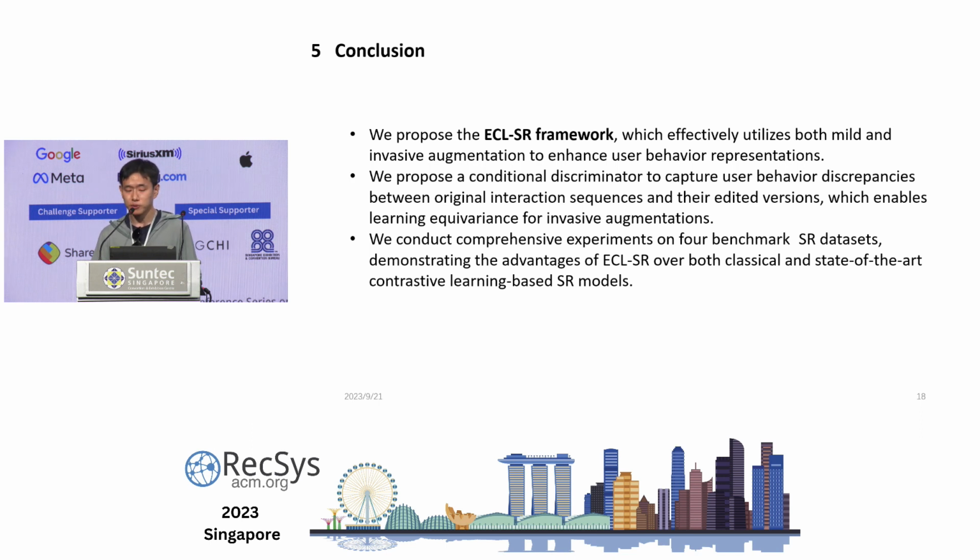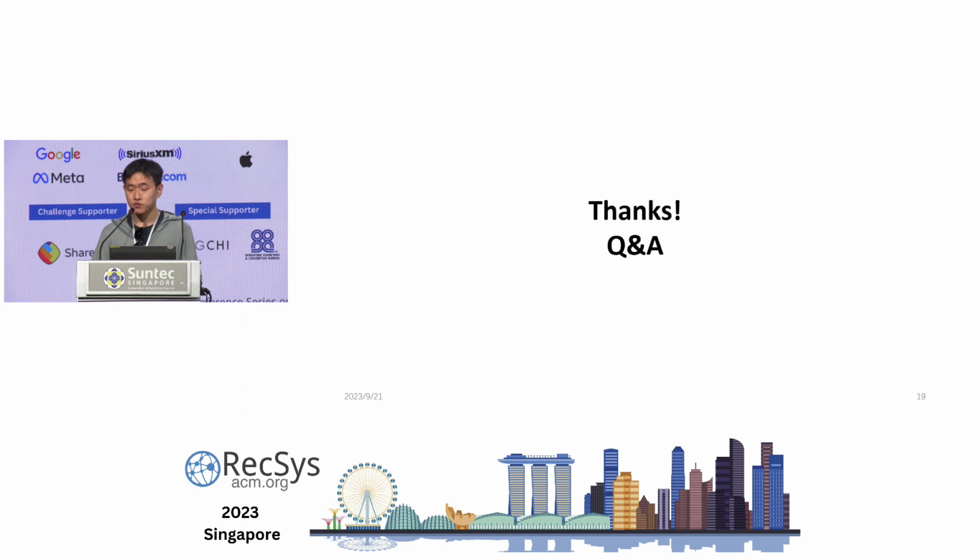To achieve this, we propose a conditional discriminator to capture user behavior discrepancies between original interaction sequences and their edited version, which enables learning equivariance for invasive augmentations. Finally, we conduct various experiments to show the effectiveness of our methods over both classical and state-of-the-art contrastive learning-based sequential recommendation models. Thank you for listening.